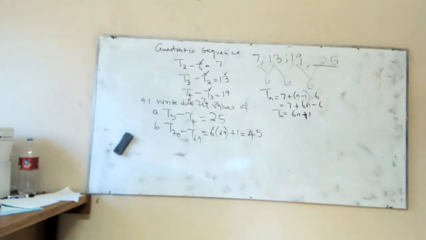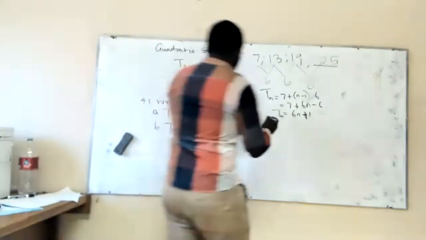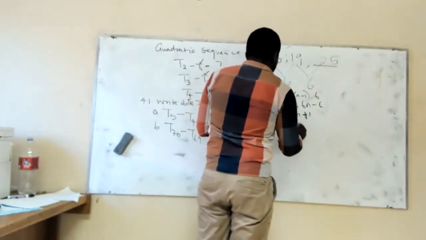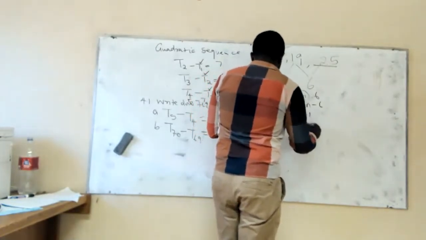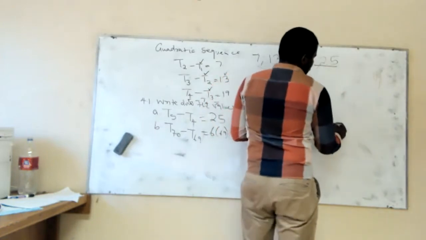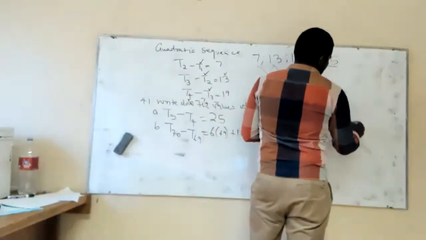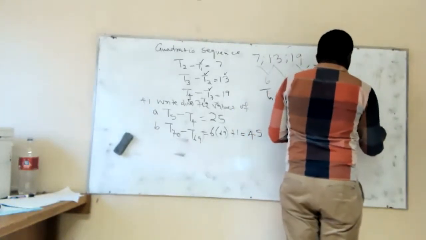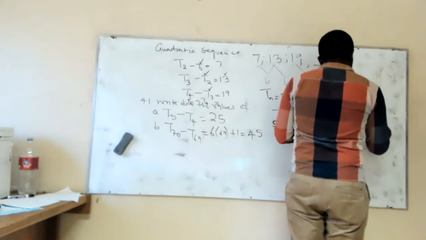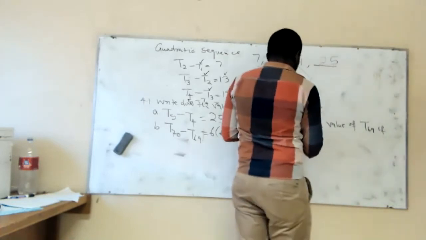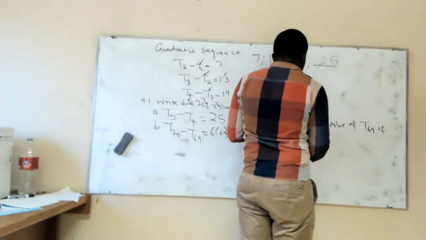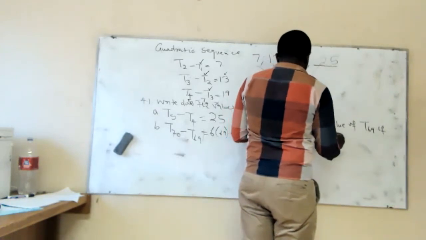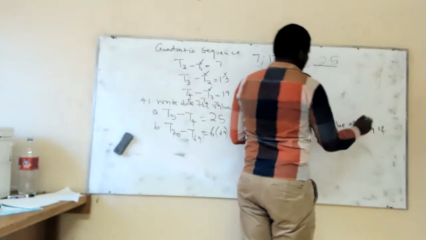Now, let's quickly go to the last question with regard to the questions I've given you on the text. This last question, let me write it down here. It's question number 5. It says calculate the value of T69 if T89 is equal to 2, 3, 5, 4.